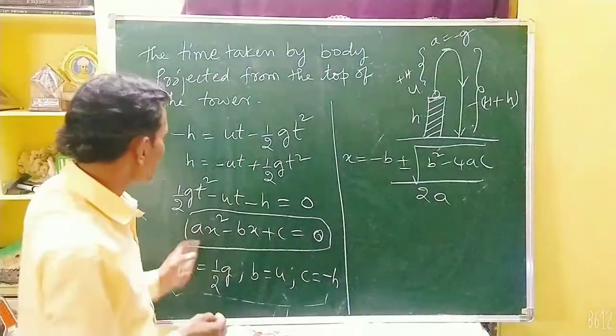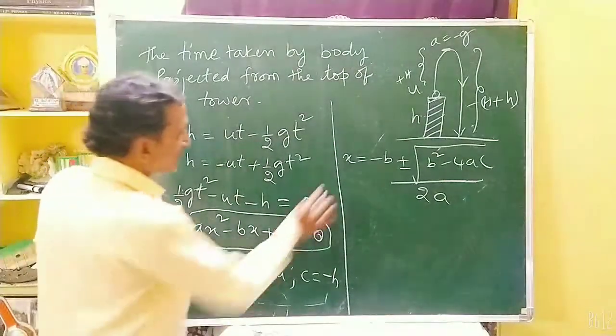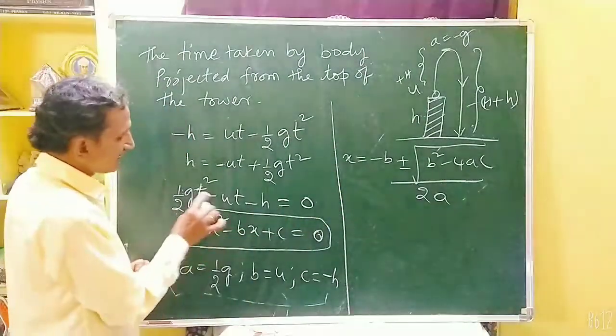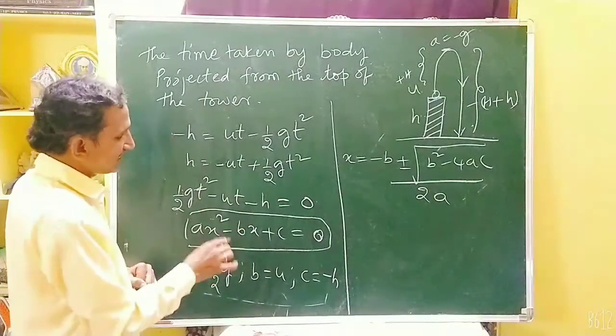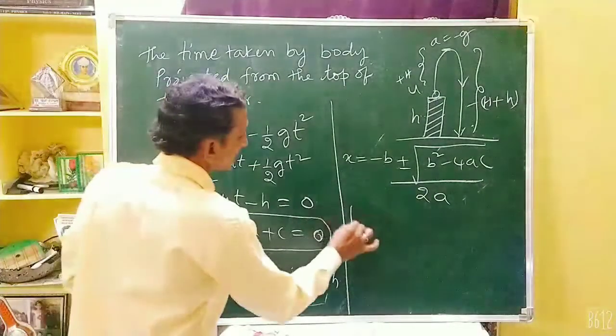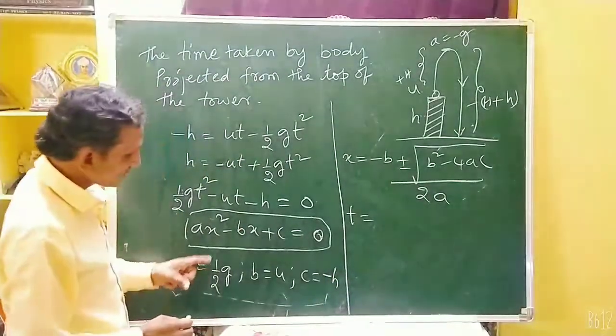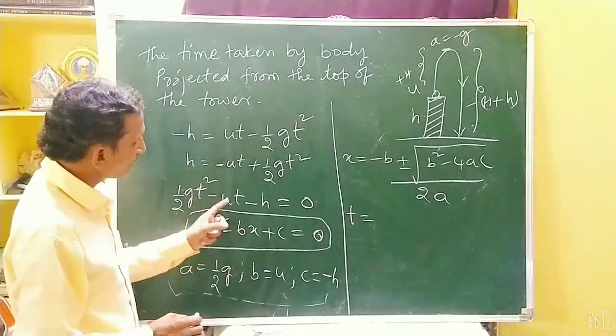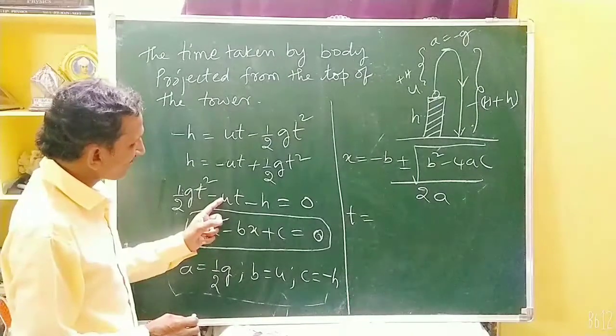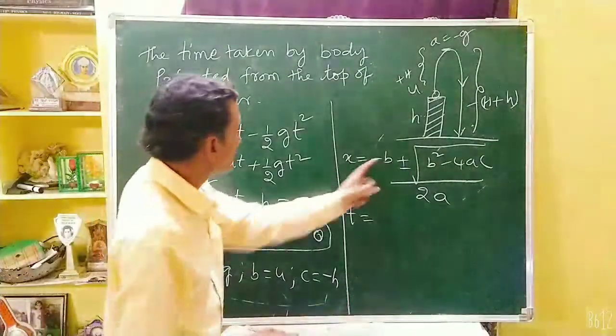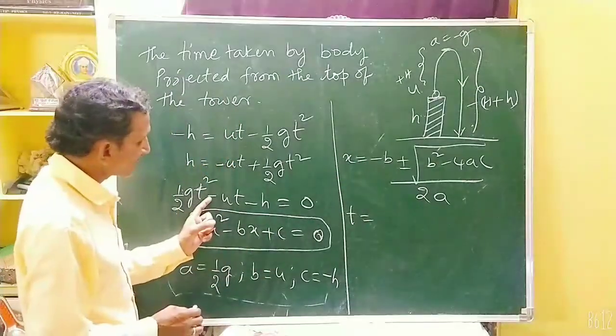When you substitute these values here, x means what here? t, the variable we are taking. So t is equal to minus b. Minus b means minus u, so we have to take u.